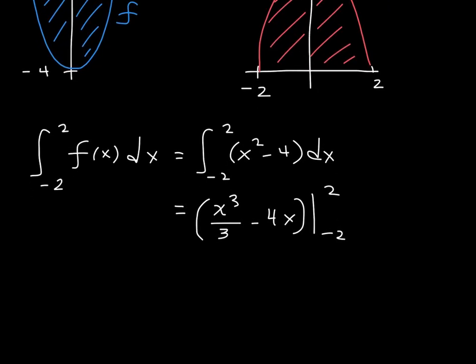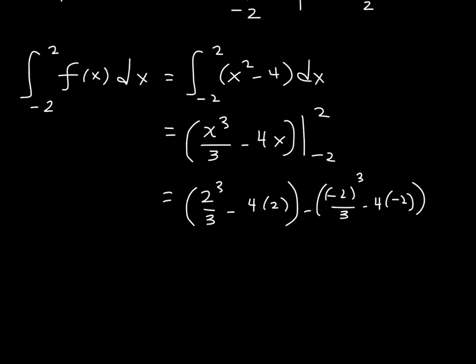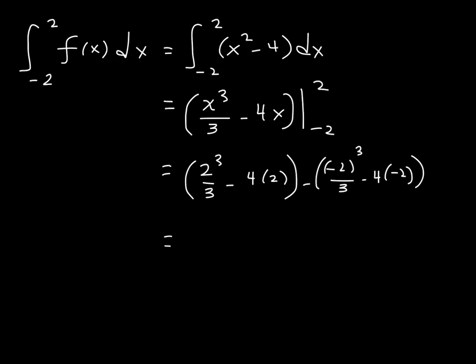All right. So then this is equal to 2 cubed over 3 minus 4 times 2, minus -2 cubed over 3 minus 4 times -2. So then this is equal to 8/3 minus 8, and 8 is 24/3, minus, and this is -8/3 plus 8, which is plus 24/3.